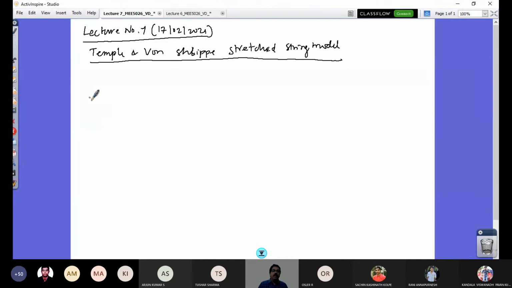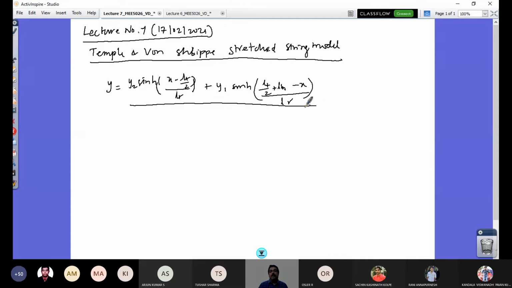So let's take that equation: y equals y2 sinh of (x minus LT by 2) by LR, in this whole bracket, by LR, plus y1 sinh of (LT by 2 plus LH, that refers to the point C, minus x) divided by LR, and you have in the denominator sinh of LH by LR.